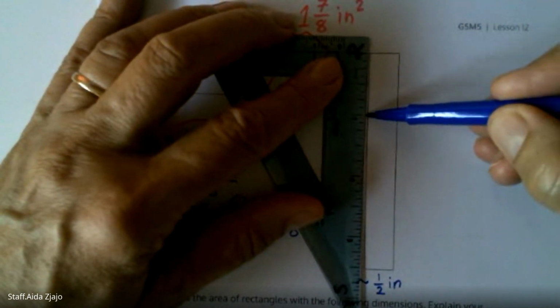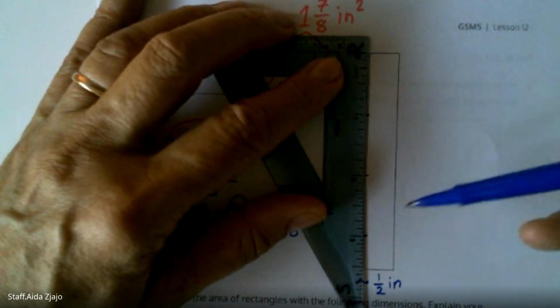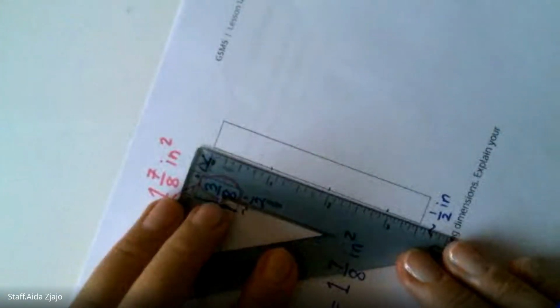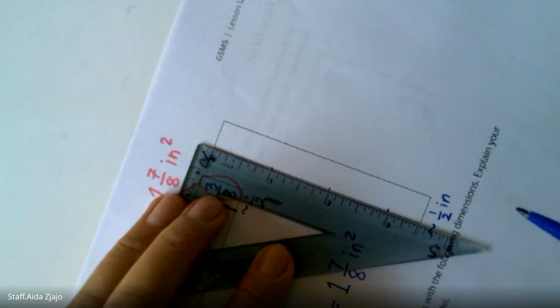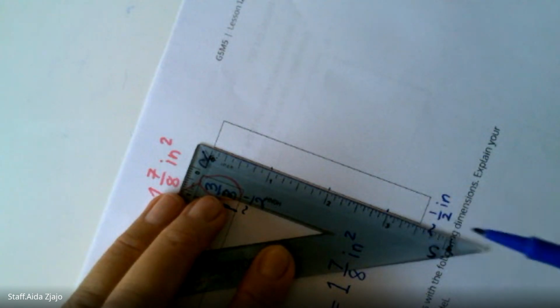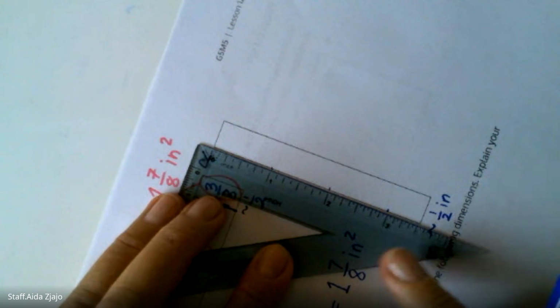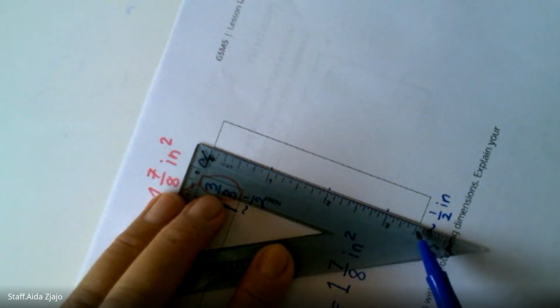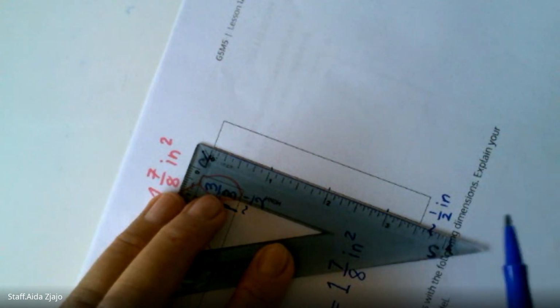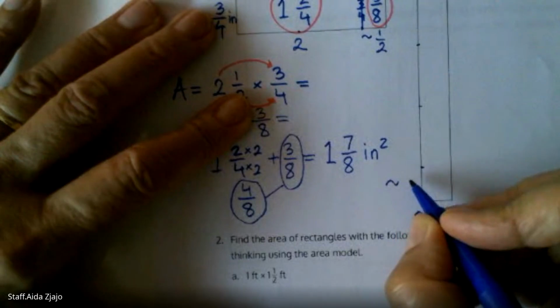And then we'll go and see what this is. 1, 2, 3, and then this is, okay, 3 wholes, and 1, 2. I would say I could round this to the 1/2 inch because it's a little bit more than, but I will say this is also about 1/2.